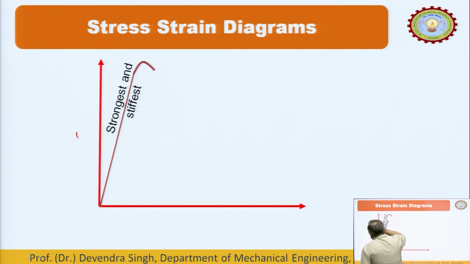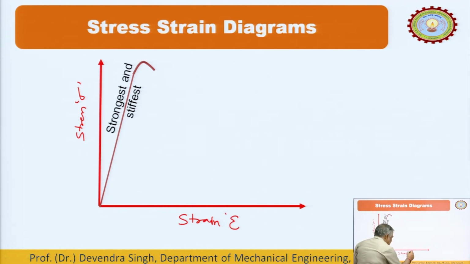This is again stress, the y axis is always stress and the x axis is always strain in a stress strain diagram. So, this has a point here, and then there is a necking, a little bit in addition to the brittle material, if you have seen the last diagram.